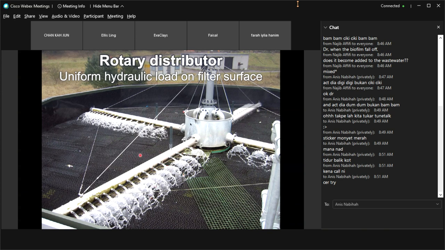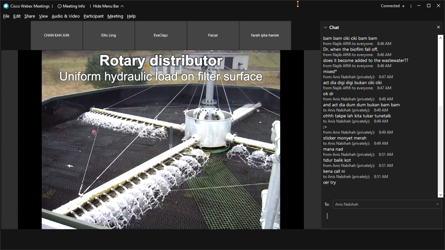As it rotates, the whole surface of the media will be wetted by the wastewater, and the wastewater will move downward to the bottom by gravity.